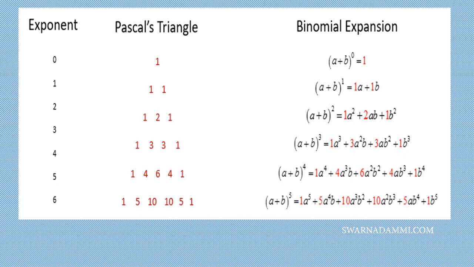So the binomial expansion (a + b)^2 equals 1a squared plus 2ab plus 1b squared. In the third line, the exponent is 3, and the Pascal triangle gives us 1, 3, 3, 1, for (a + b) cubed, as I explained previously.